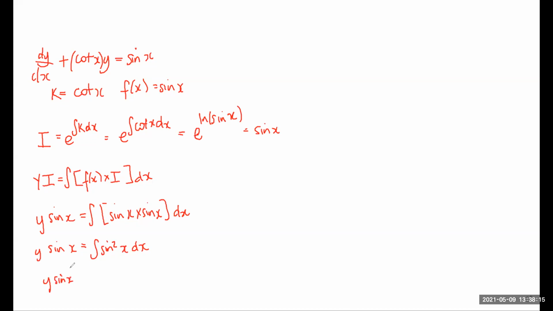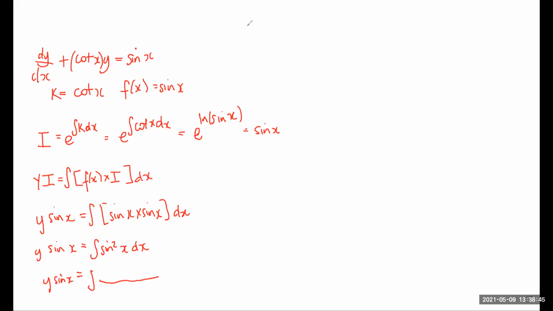Now where you integrate sine squared x. Don't add 1 to the power, divide by the power.